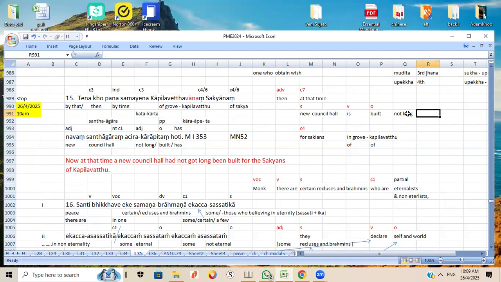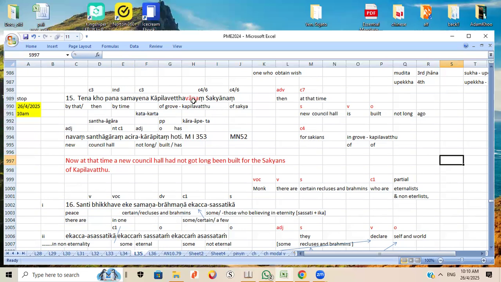If you like, you can put "not long ago". Then up to here, this is the verb, this is the object. This is the extension. With extension, that means we cannot take the genitive case; we have to take the dative, meaning for.